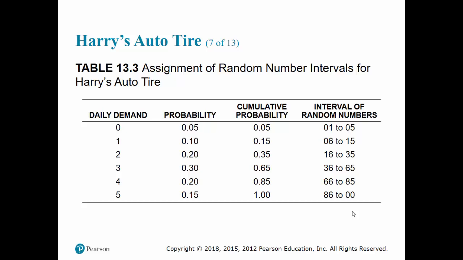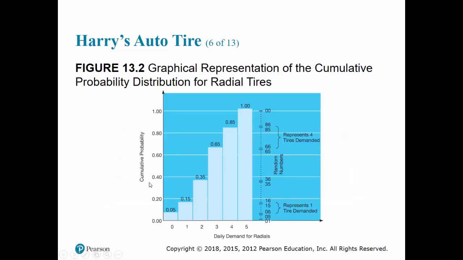Now you shake the vat up and select one number. If it says, for example, 07, then it has fallen in this range, and we will assume the demand to be equal to 1. Then you shake it up again and select another coin, and if this coin happens to be 75, now 75 is in this range, so you will set the demand for the next day to be 4, and so on.